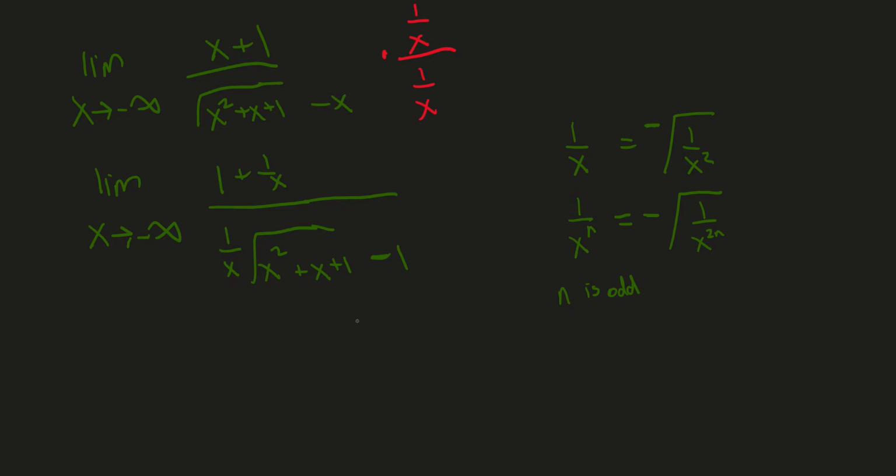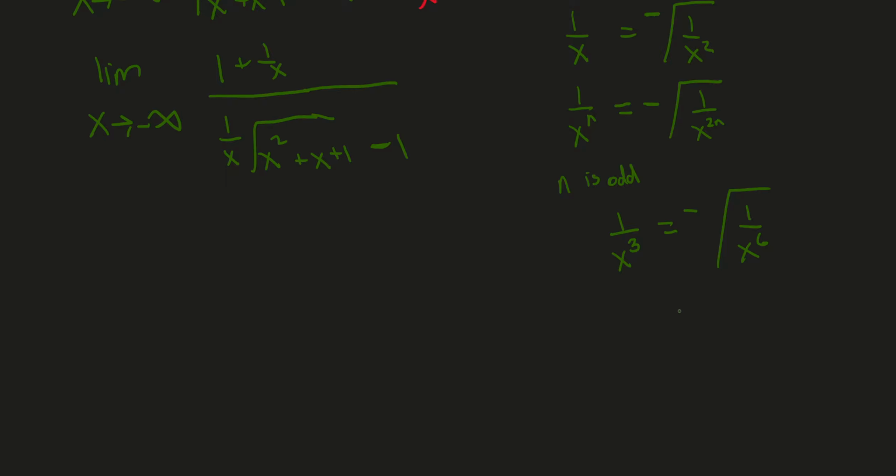So for example, if instead we were multiplying by 1 over x to the third, that would be square root 1 over x to the sixth with a negative out front. And now we don't have to do it for 1 over x squared. Reason being is, remember, x is going to negative infinity. If you square a negative number, it becomes positive. So it's still the case that it's equal to this here, because this right side will yield you a positive. And so that's the big difference here, and you'll see it'll work out really well.